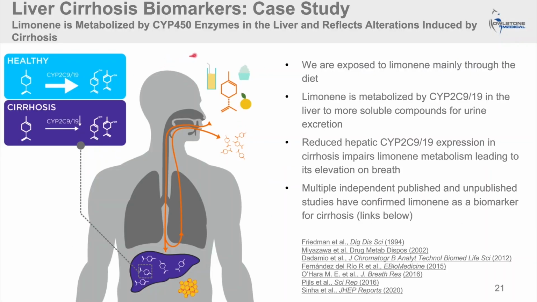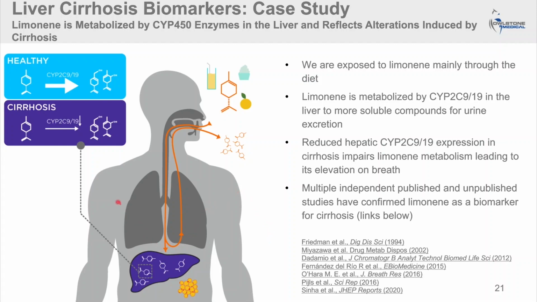So now, why did we focus initially on limonene? That's because limonene was identified already since 1994 in different studies comparing the breath of healthy subjects against subjects with cirrhosis.